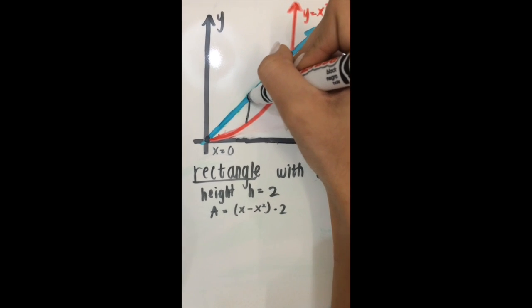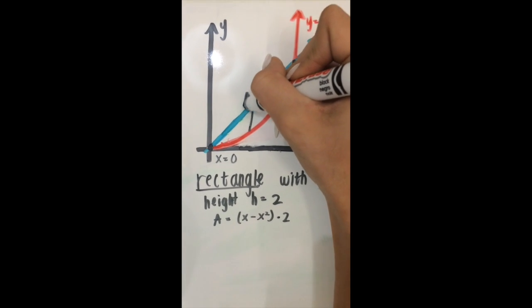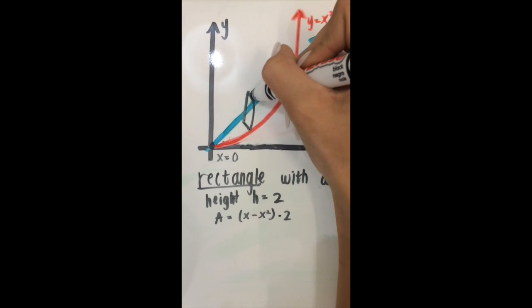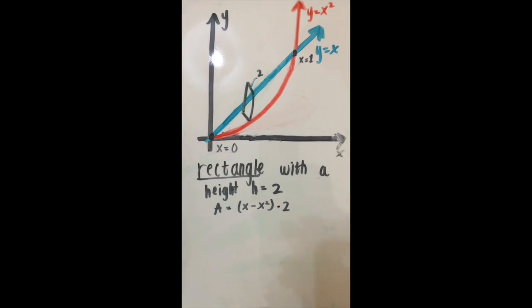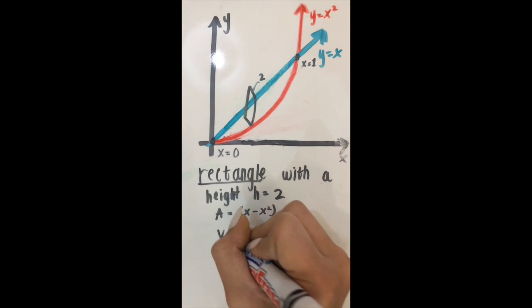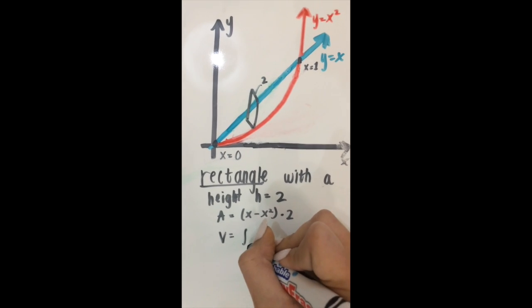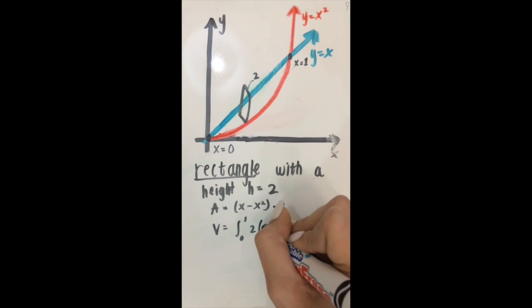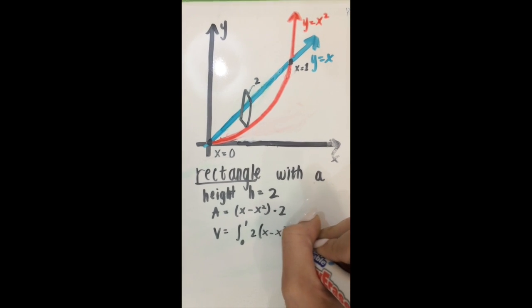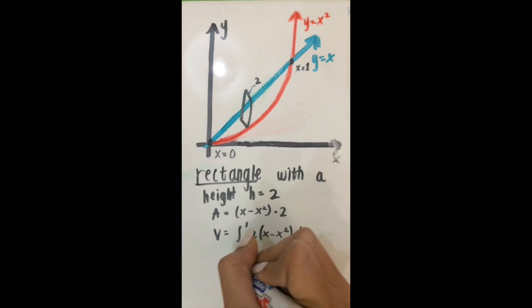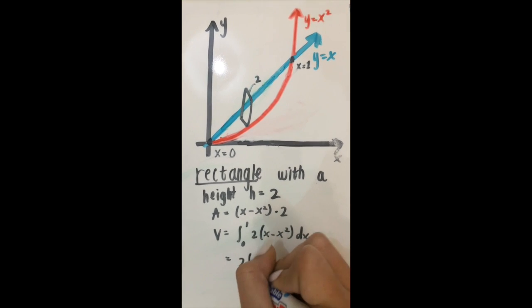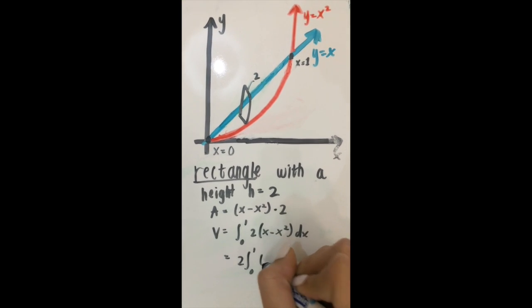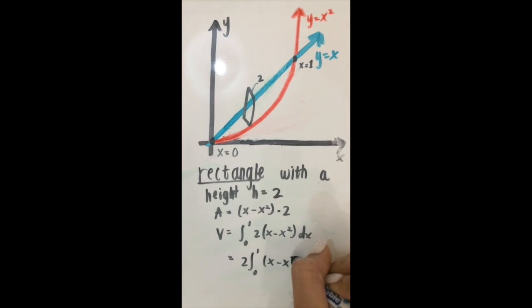So the area can be defined in this scenario as area equals (x minus x squared) times 2. Therefore, the volume is equal to the integral from 0 to 1 of 2 times (x minus x squared) dx. And then all you have to do is bring the 2 out in front, and you can integrate the problem.